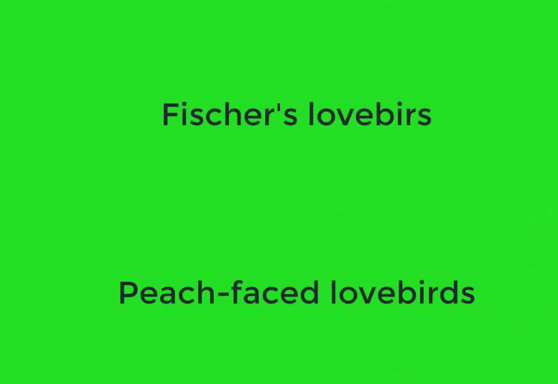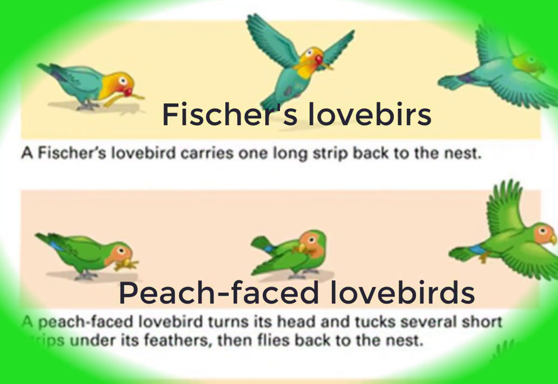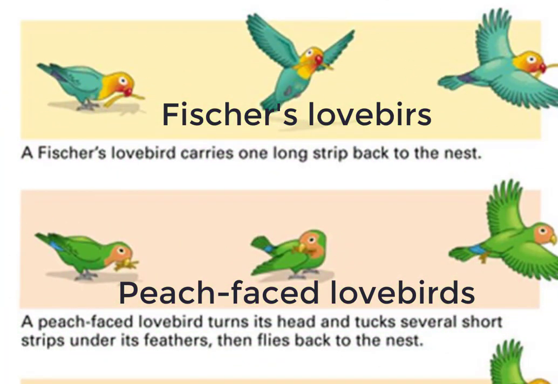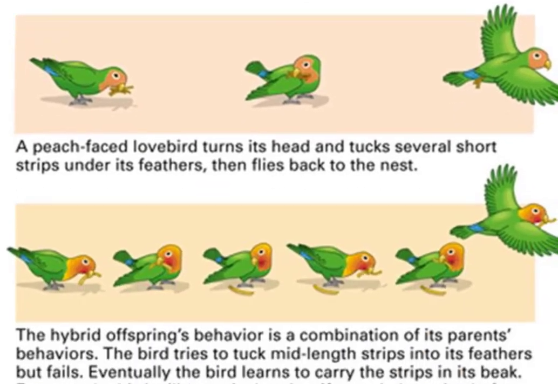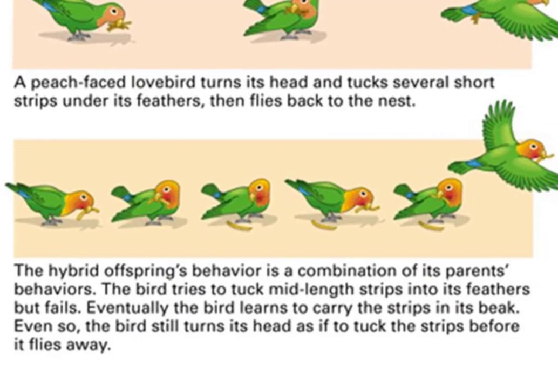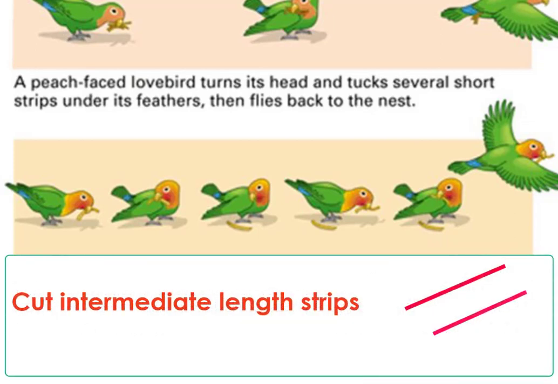These two different species of lovebirds with different nesting behaviors were interbred and produced hybrid females. These hybrid females from the crosses exhibited the following behaviors. In the first mating season, the hybrid females cut intermediate length strips. That means neither long as Fischer's lovebirds nor short as peach-faced lovebirds.